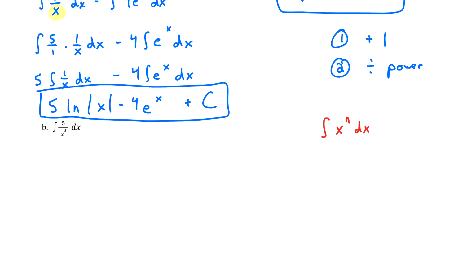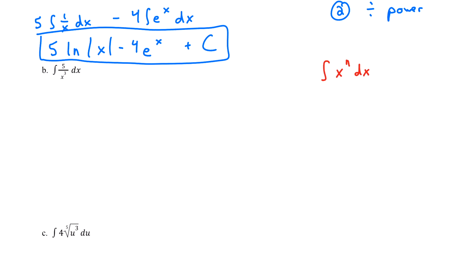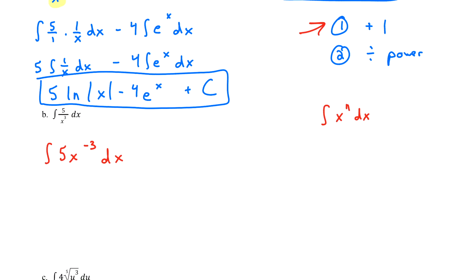I'm going to rewrite this problem as 5x to the minus 3 power dx. I haven't integrated this function, so I still have my integral and my differential dx, because I haven't added 1 to the power and divided by that power. Until we've done those steps, those integrals are going to stick around, at least when we're using the power rule.